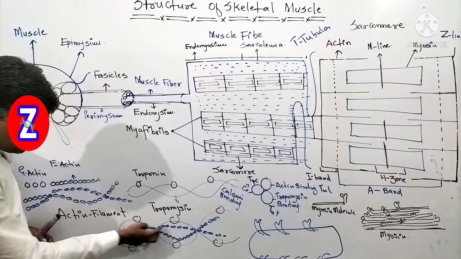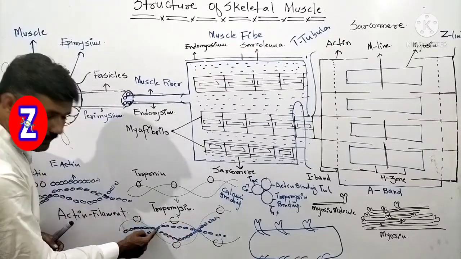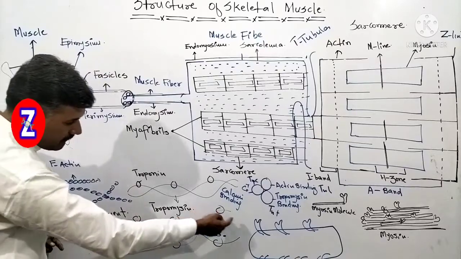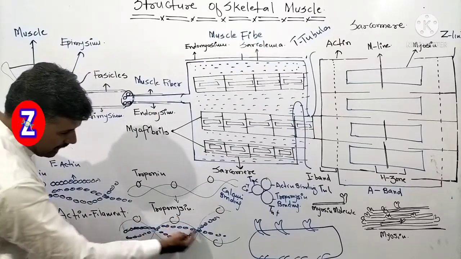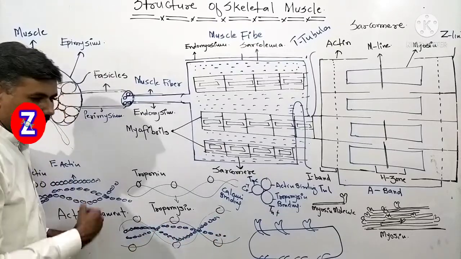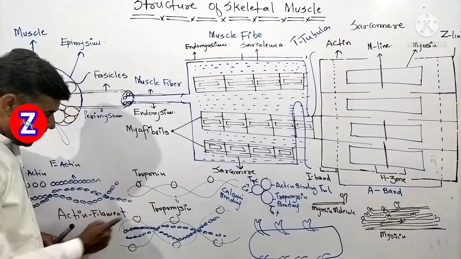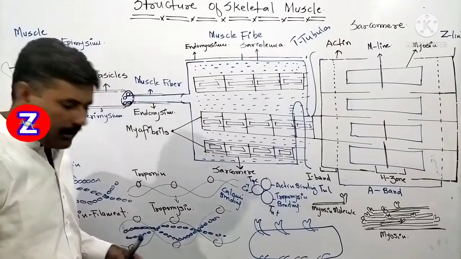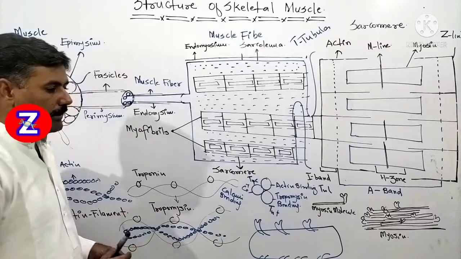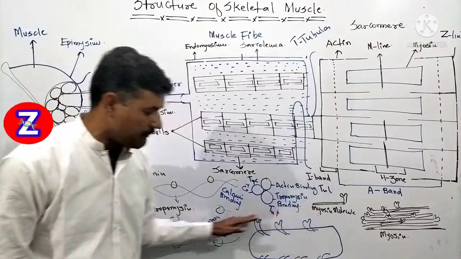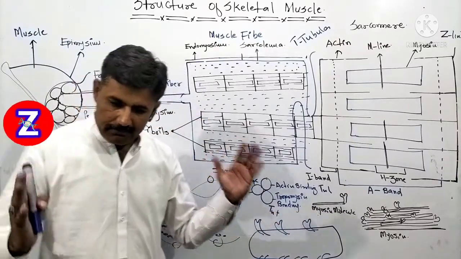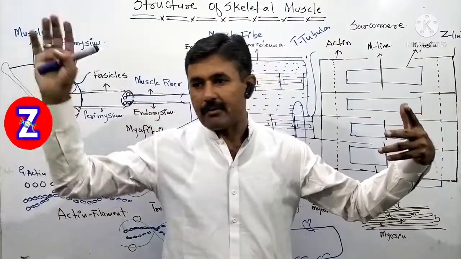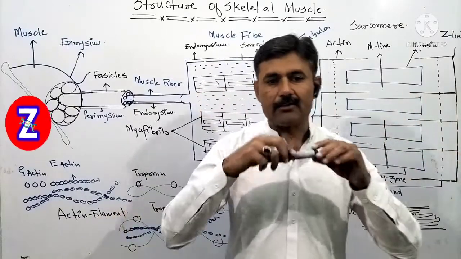Now see, these are two chains of actin in blue color, and on these two helical chains of actin there is a helix-like arrangement in green. This green color shows another filament called tropomyosin, and on this tropomyosin there is another filament called troponin. This is how they all make a complex present around myosin, which makes the structure of the sarcomere, where actin along with tropomyosin and troponin slide over the center of myosin.